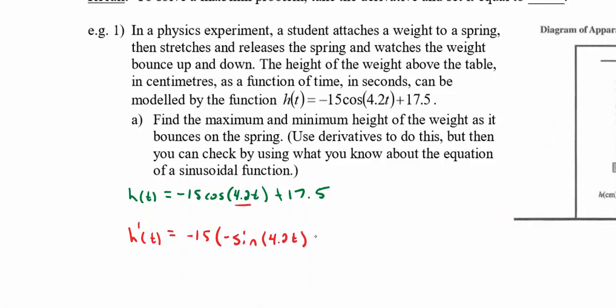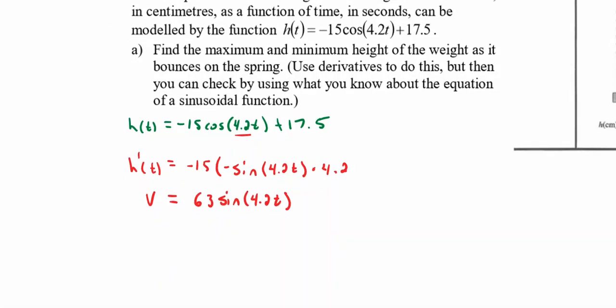So that's going to be times 4.2. Just simplifying that a little bit, the two negatives become positive, and the 15 and the 4.2 become 63 sine 4.2 t.